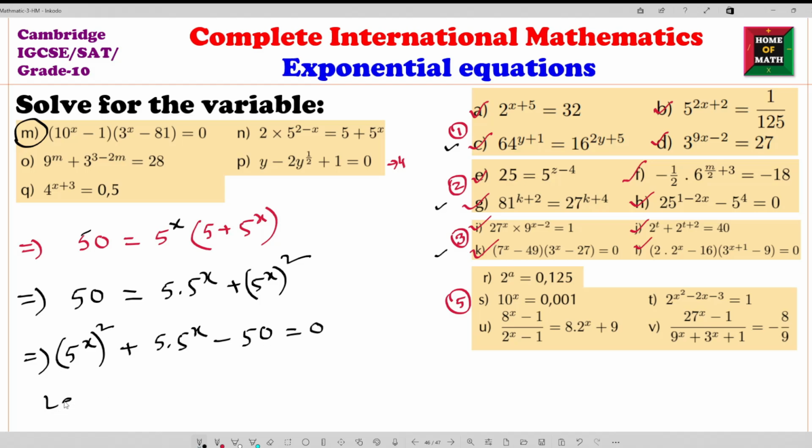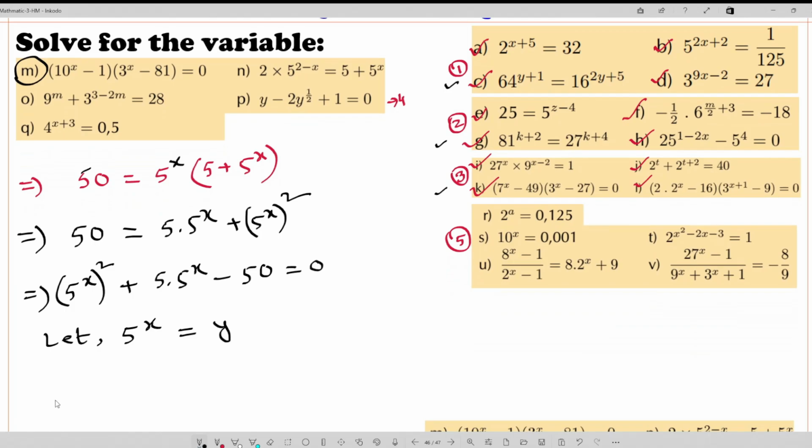So let 5 to the power x equals y. It will make things smooth. So we can write y square plus 5y minus 50 equals 0.